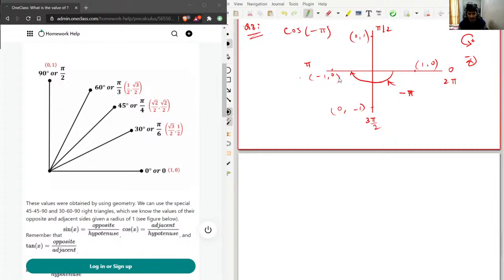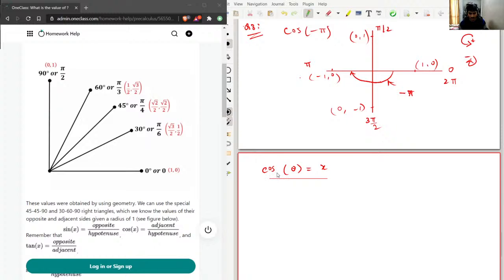So for calculating the cosine of any angle using the unit circle, cosine of theta is nothing but the x coordinate.